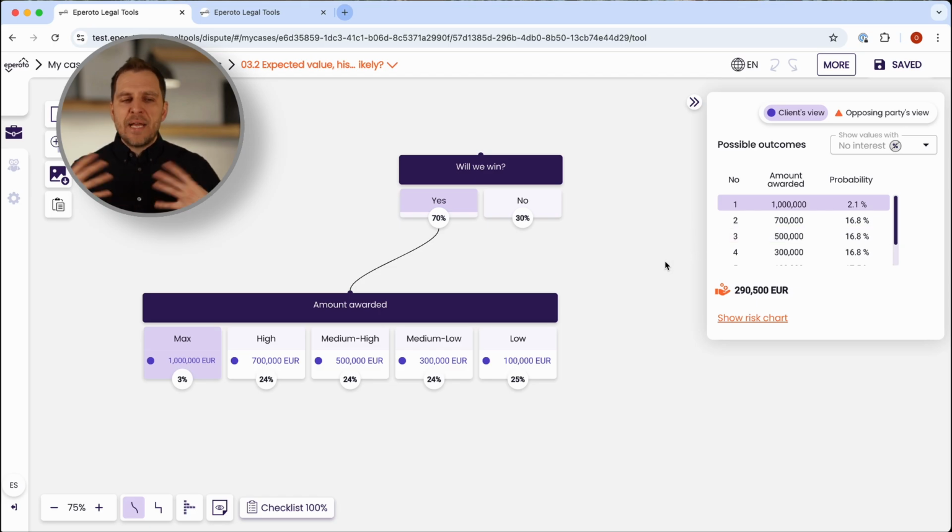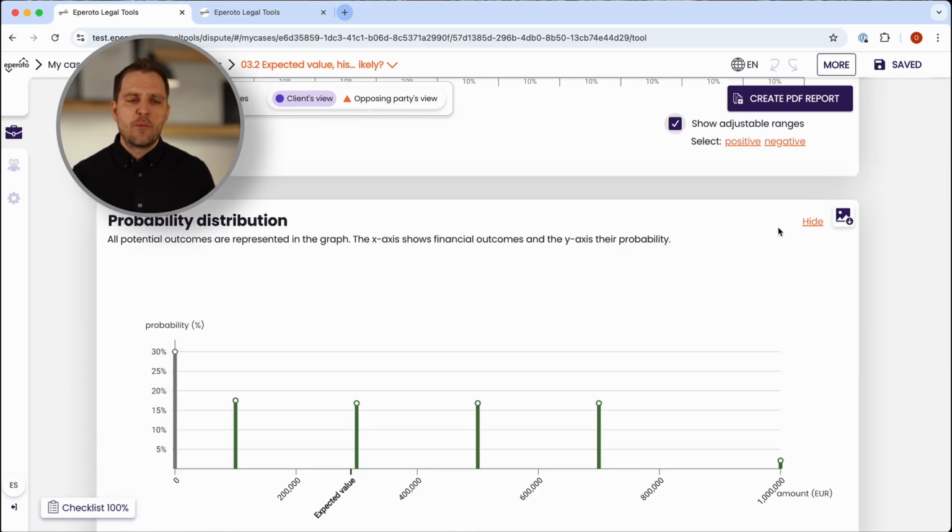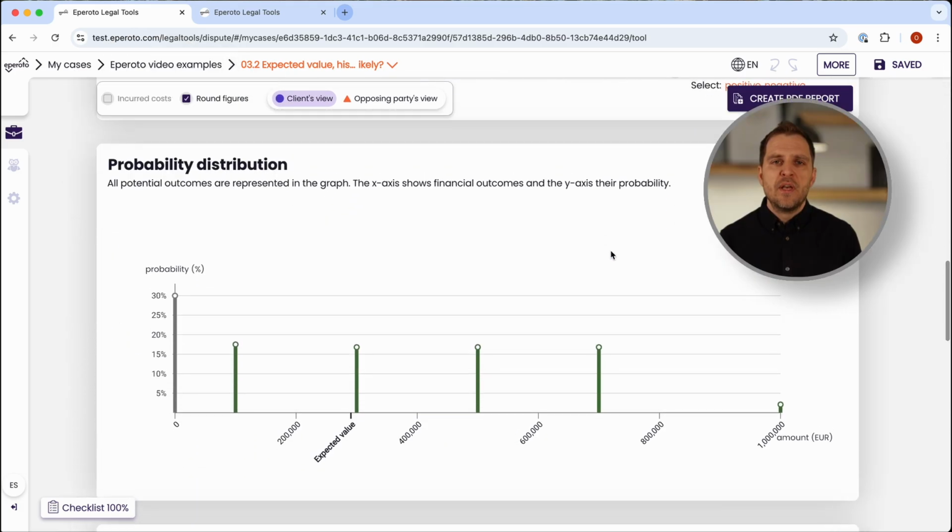But when there are many outcomes, a list becomes hard to follow. Another way to show the potential outcomes is to use a histogram or a probability chart. This shows the outcomes grouped into bars along a value axis. The higher the bar, the more likely the outcome is in that range. On this graph, high values are up to the right and low or negative values are to the left.